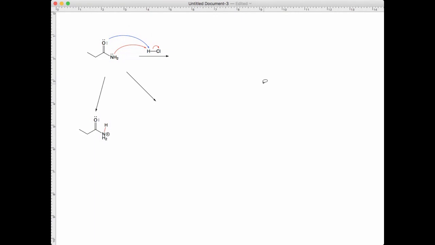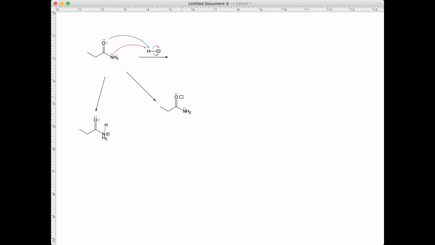Okay, same thing here, forming one covalent bond, and then the electrons going to the chlorine atom. So that will lead to the protonation in the carbonylic oxygen, which will lead to a species that is positively charged on the oxygen. So let's draw that.